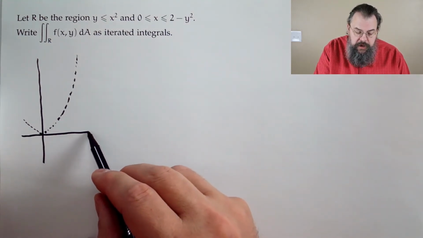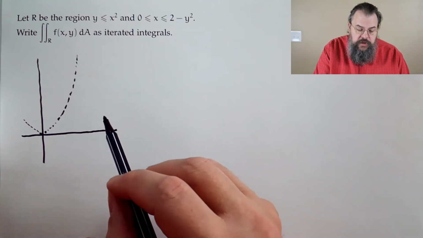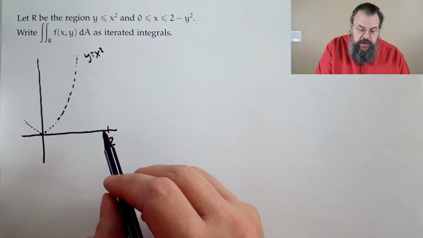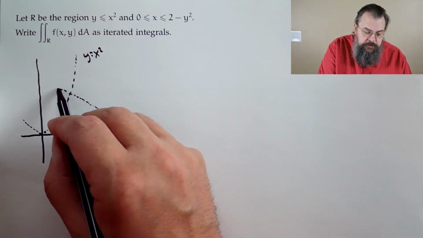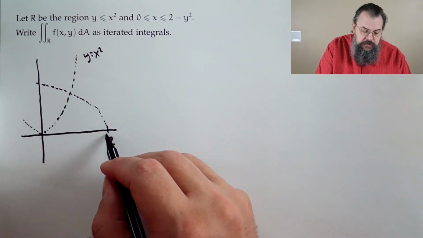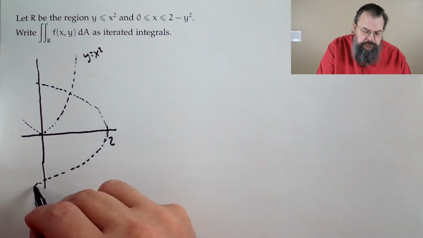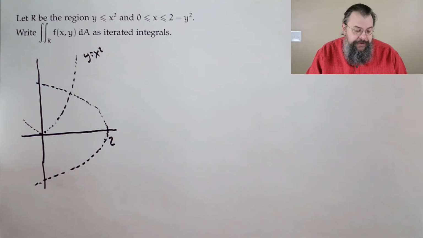So what ends up happening is it comes out here over to 2, and I'm going to mark this as y equals x squared, and then we have a parabola coming up here, and coming down here.